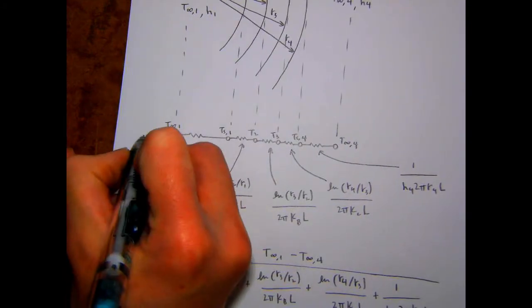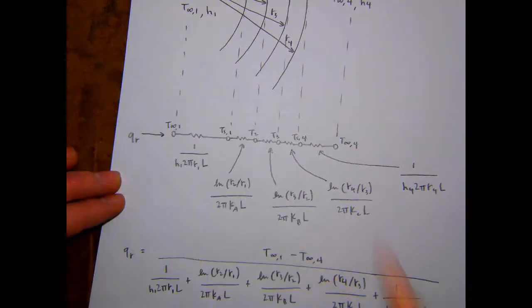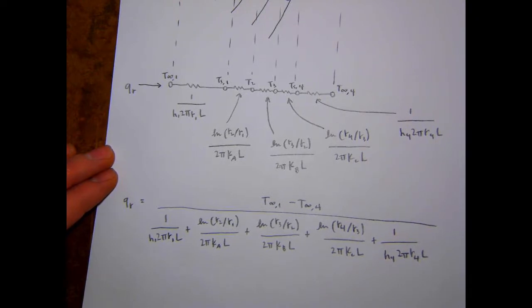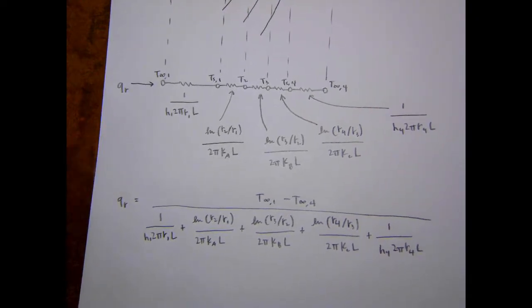And then just like before, we can show our heat transfer going this way in the thermal circuit. Okay, so there's the overall equation. And that's just a guess, because we don't know if T infinity 4 or T infinity 1 are higher. Yeah, so I was going with the same setup as the previous.